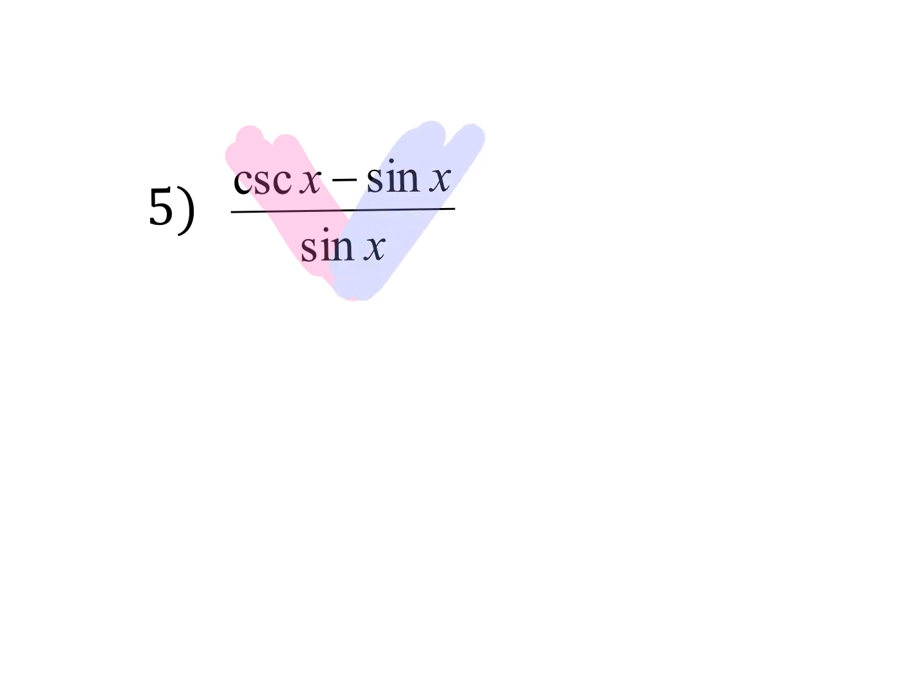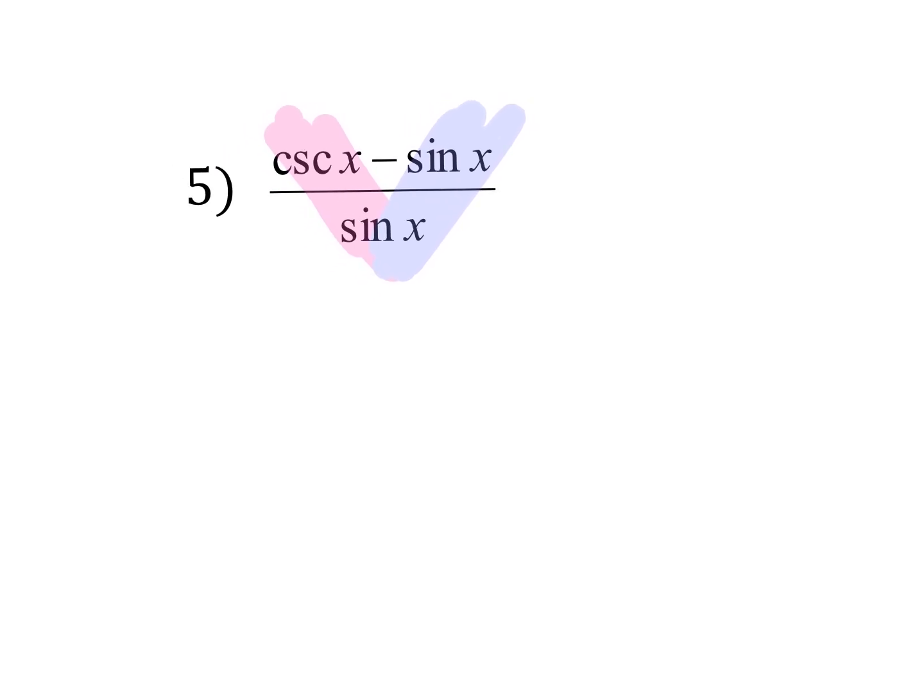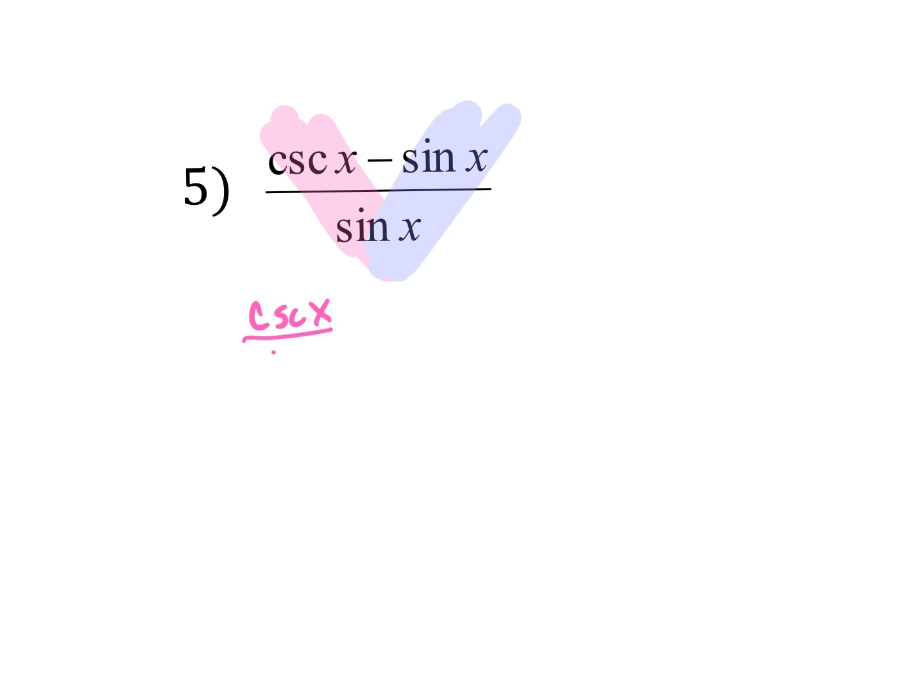So notice that we can rewrite that first term as cosecant of x over sine x, and then minus sine x over sine x. And that minus sine x over sine x just gives us 1, right?